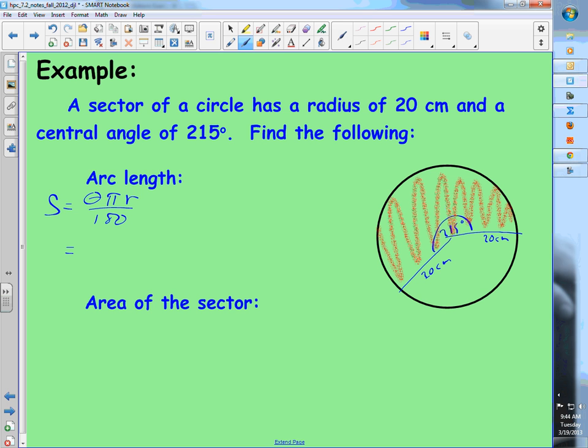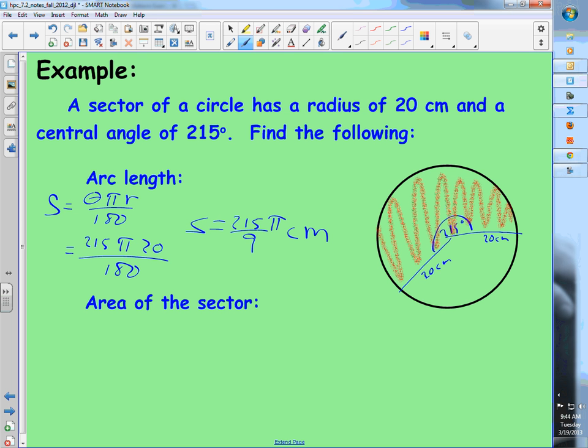I plugged in 215 for theta and 20 for r. And so your arc length ended up being 215 pi over 9. Okay, and that would be centimeters, right? Yes.